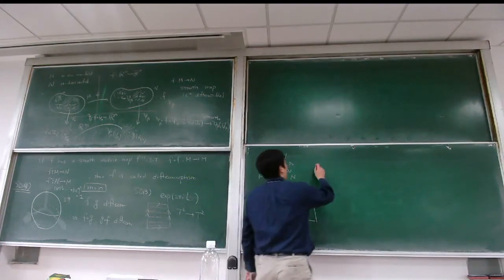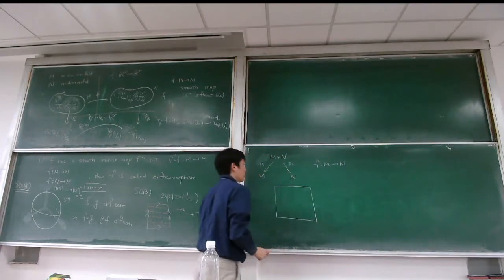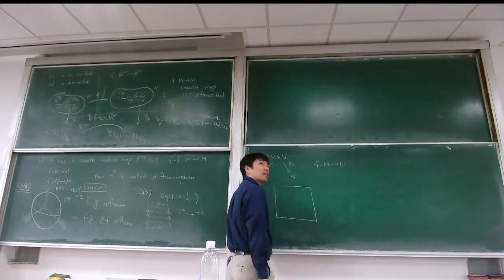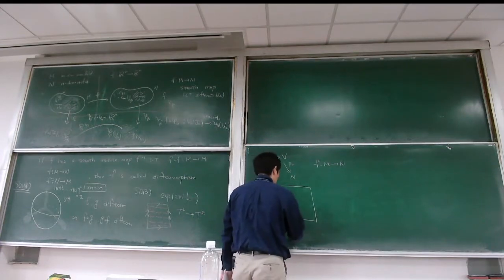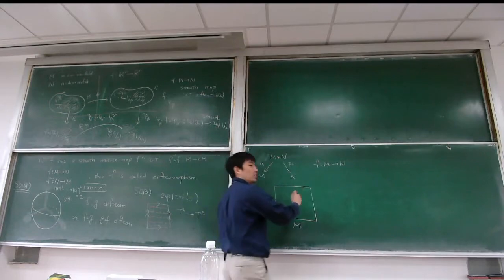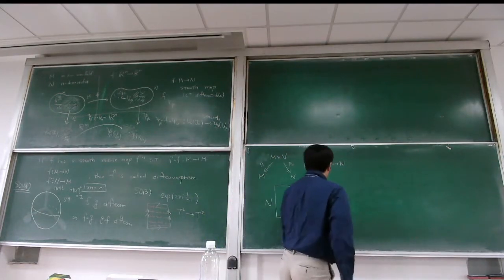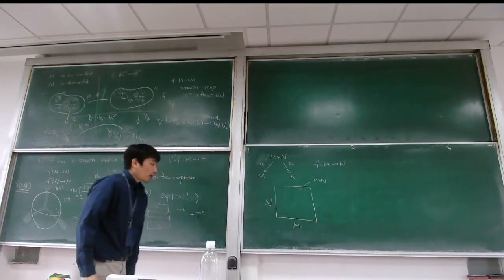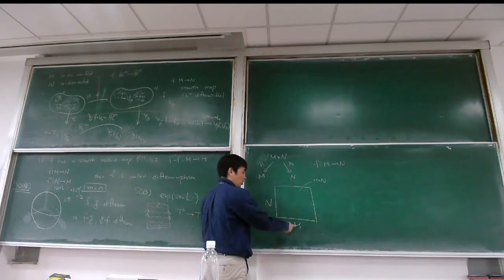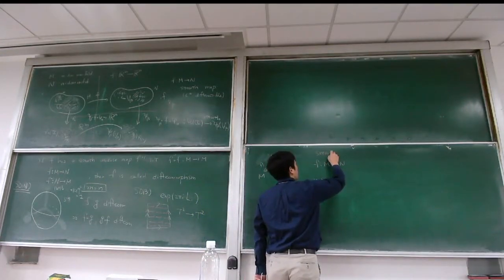So given a smooth map from M to N, you consider the product. This is the schematic diagram for M cross N. Then one can consider the map, so let's assume this is a smooth map.